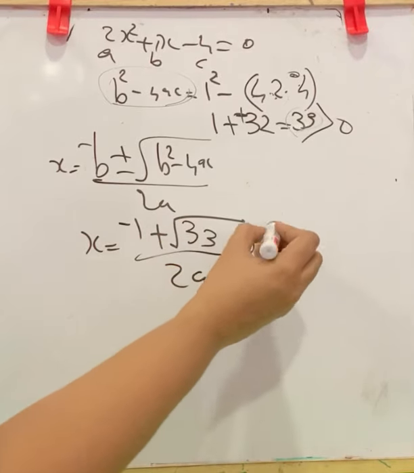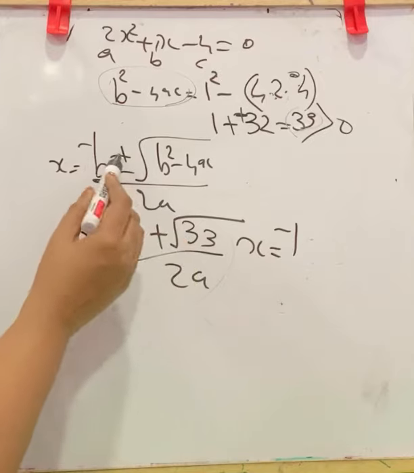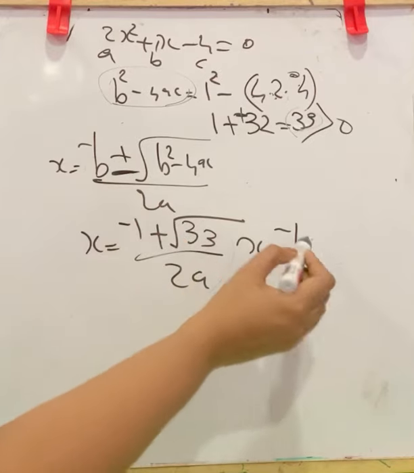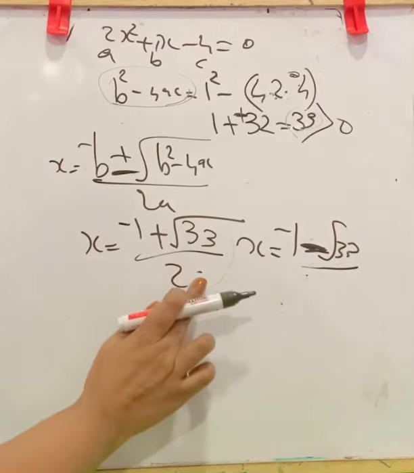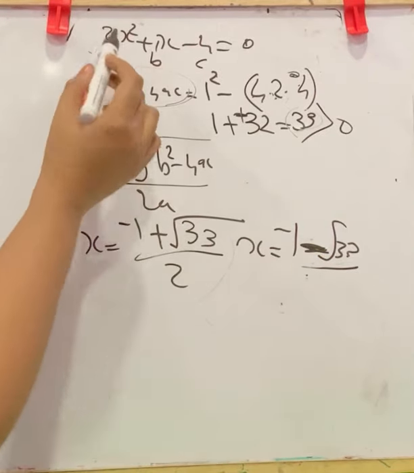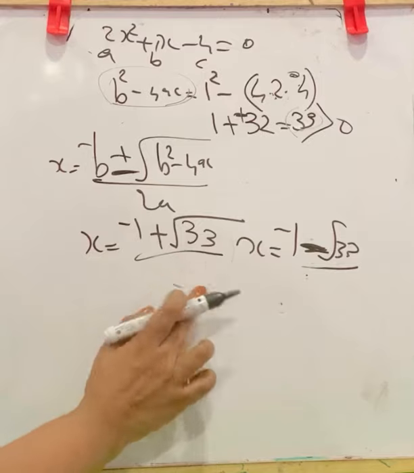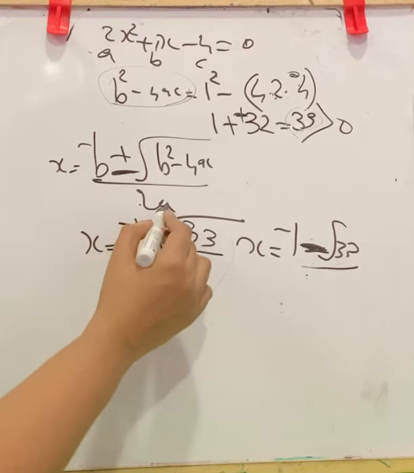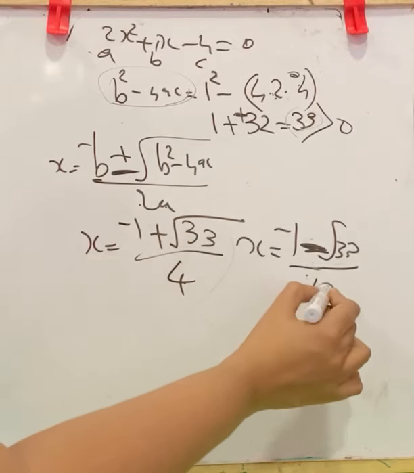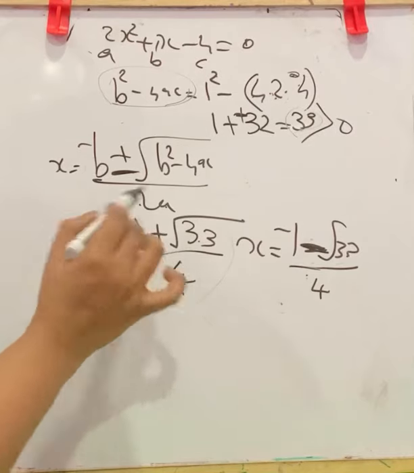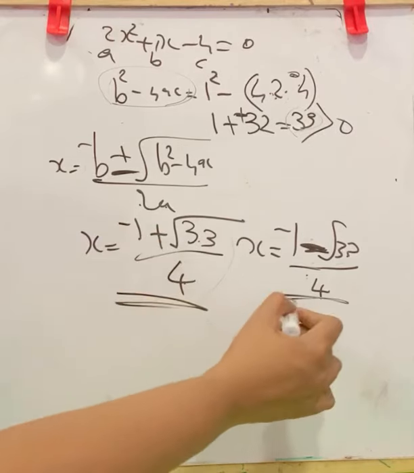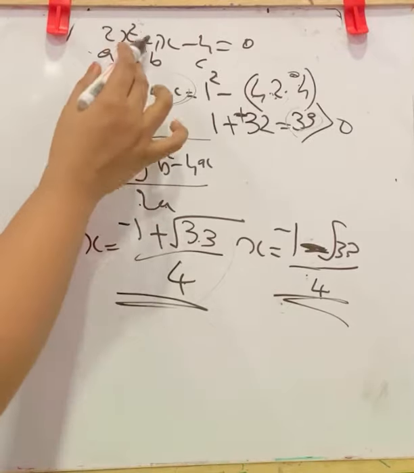And here we took the plus, so the other one we take minus root 33 by 2a. 2 into a is 2 into 2, which is 4, so both are divided by 4. Now this is irrational and this is rational, so you can't operate on them. So these are the final results, the two roots of the given equation.